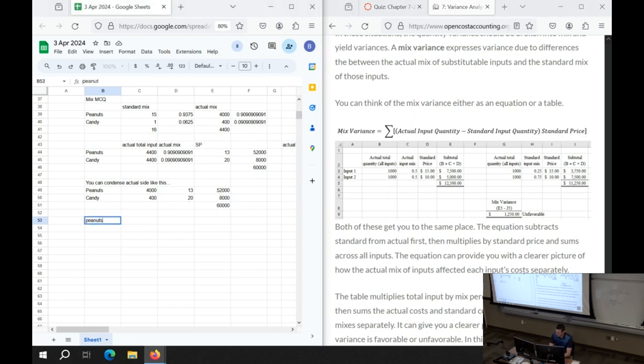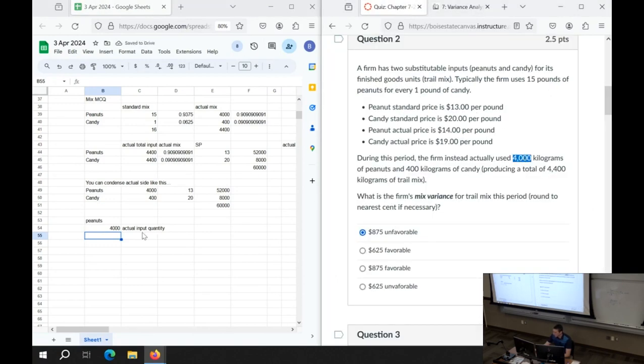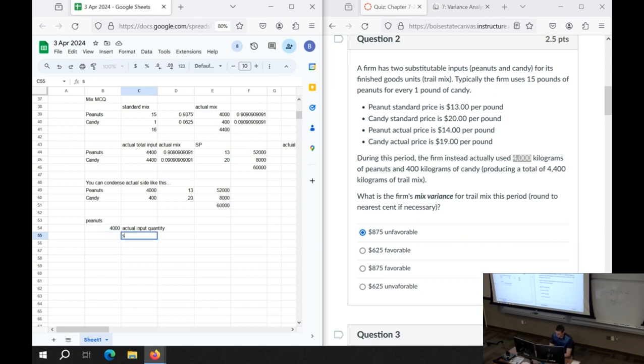So for peanuts, we have actual input quantity of 4,000. It's from the problem, 4,000, right here. We have standard mix, and we get the percentage here.